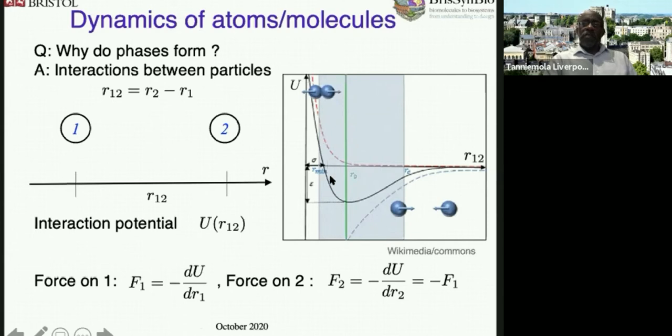Clearly the gradient of the curve is negative here, so the force is positive, so it's pushing the particles away. And the gradient is positive in this region, so the force is negative. So there's an attractive force. And this attractive force is what is going to lead to the existence of phases.